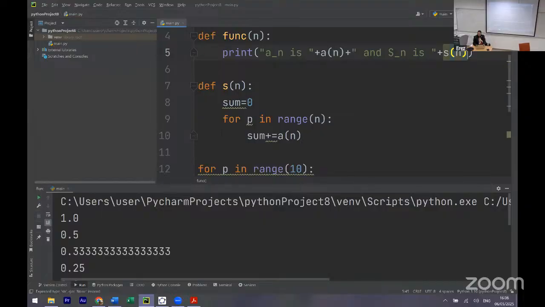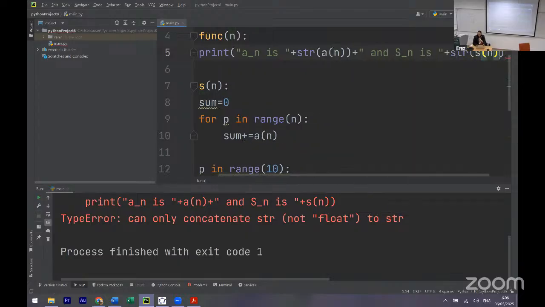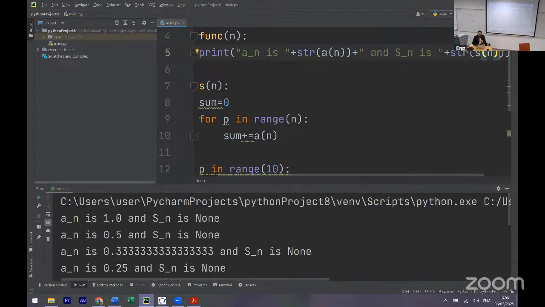That's a string. Sometimes Python is more pedantic. Change the pluses to commas and that's it.